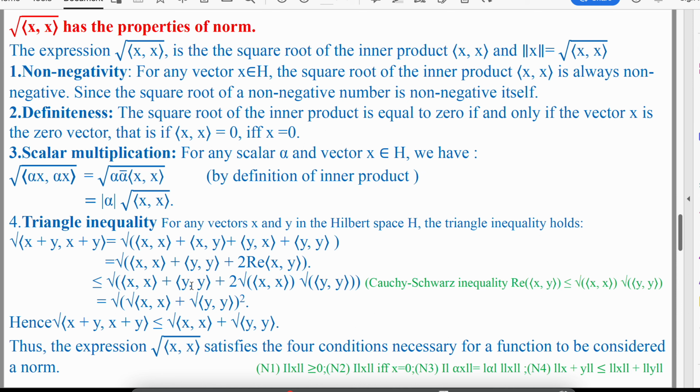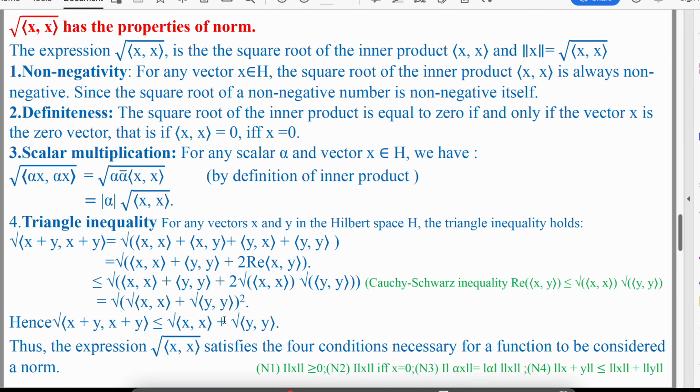So a square plus b square plus 2ab is a plus b whole square. So this is the square root of the inner product of x with x plus the square root of the inner product of y with y, all squared, and this square root and this square will cancel. So we are left with the square root of the inner product of x with x plus the square root of the inner product of y with y, because the square root of a plus b whole square is a plus b.